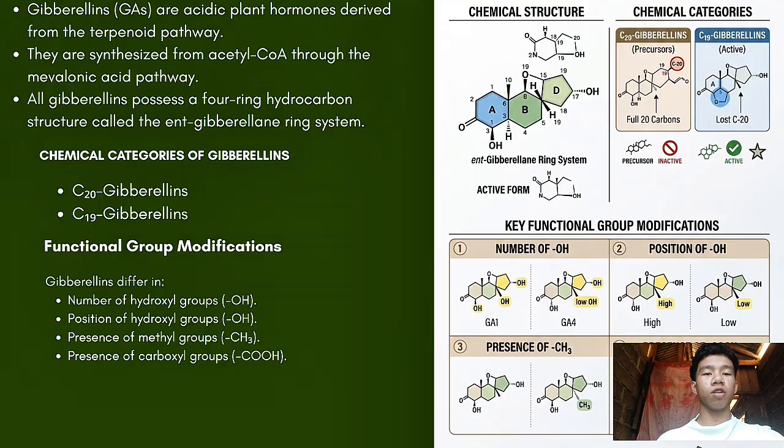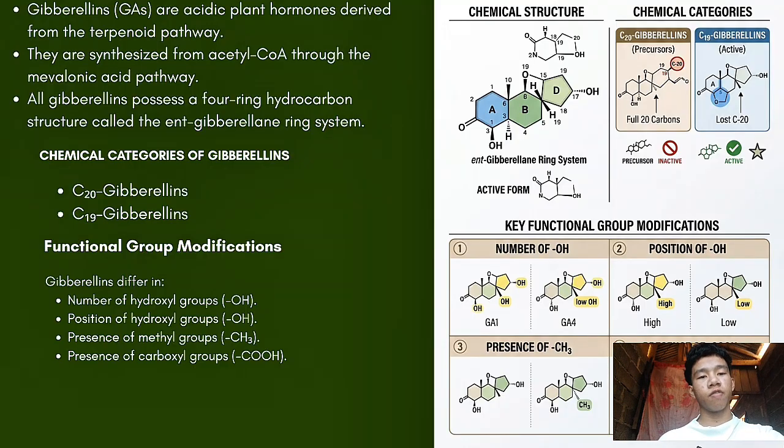The activity of gibberellins is also influenced by functional group modification. This includes the number and position of hydroxyl groups, or OH groups, as well as the presence of methyl groups, CH3, and carboxyl groups. Small changes in these functional groups can significantly affect how strongly gibberellins interact with the receptor and regulate plant growth.